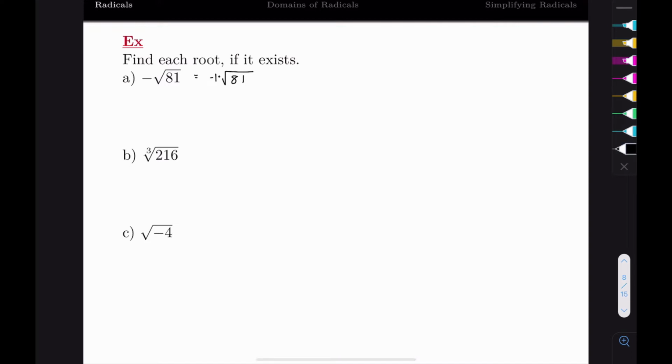So this is really like you're taking negative 1 and timesing it by this operation. So that minus sign is dealt with afterwards. So on the inside, 81 can be written as 9 squared. So the square and square root cancel. And that minus sign just stays out front, so it becomes negative 9.